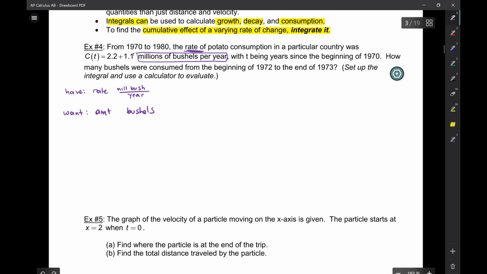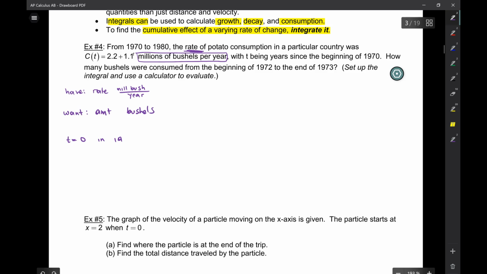So if I have bushels per year, what should I multiply that by in order to end up with just bushels? A unit of time, right? So I need to get the rate, multiply it by a unit of time so that the time cancels with the time. Okay?